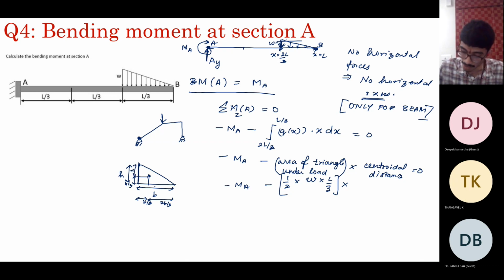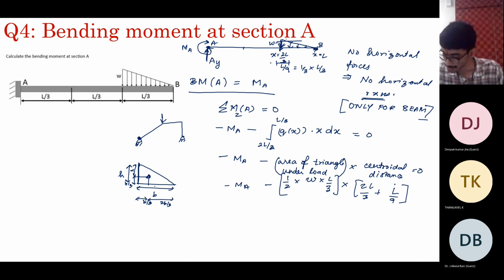So this is where the centroid lies. So the centroidal distance in this case is L/9 from this point. But this is already 2L/3. So it is 2L/3 plus L/9, why L/9? It is 1/3 of L/3. So this is nothing but 6L/9.